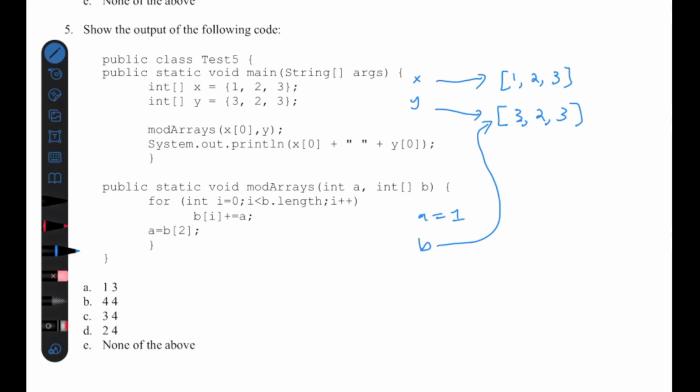So what we do now in modArrays, we're looping through every element of b, and we're setting b[i] plus equals a. So this is the same as b[i] equals b[i] plus a.